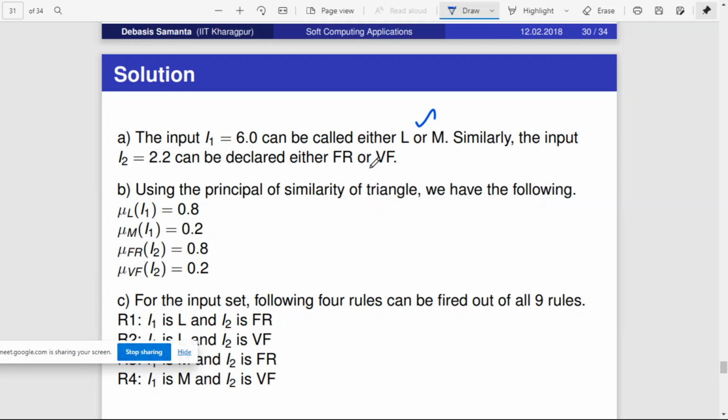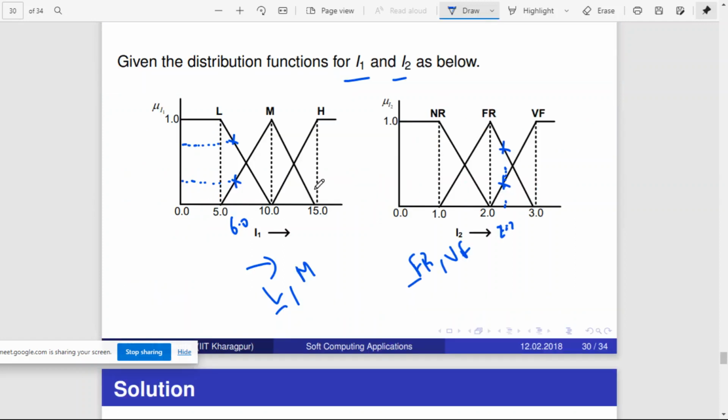Again, using the principle of similarity of triangle, we have to find the values. For example, how will you find this point? This is one triangle and this is another triangle.